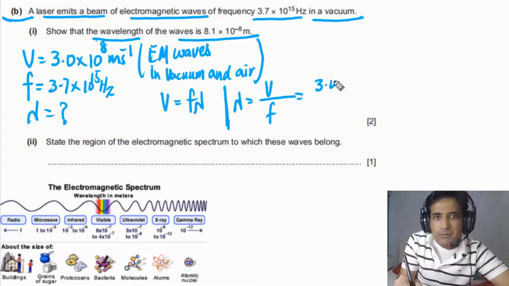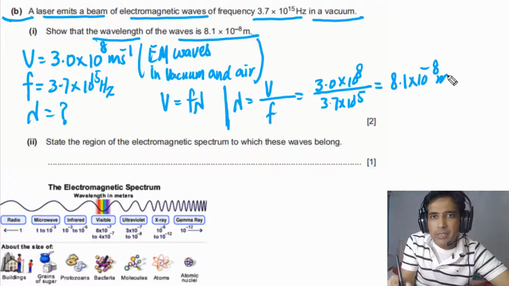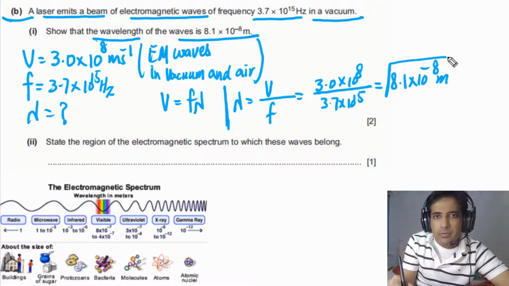Speed of waves is 3.0 times 10 to the 8 meters per second and frequency of waves is 3.7 times 10 to the 15 hertz. If we solve this, our final answer will be 8.1 times 10 to the negative 8 meters, and this is the wavelength of these electromagnetic waves.